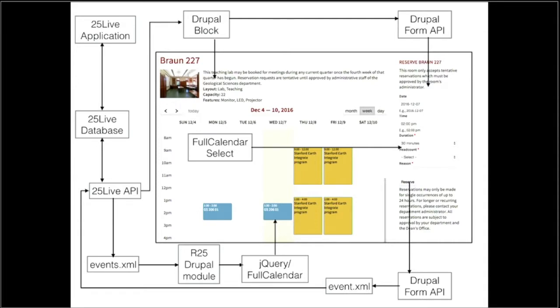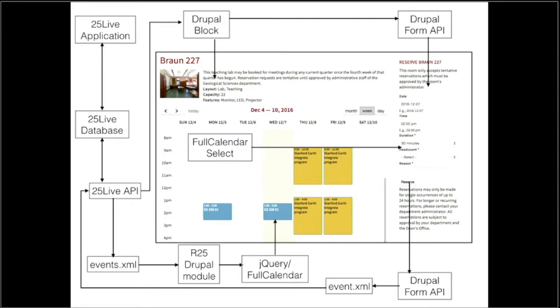The Drupal module will make a request using the events XML call to the 25 Live API, and then it will convert the resulting XML to JSON, pass that on to Full Calendar, and that will then get displayed.